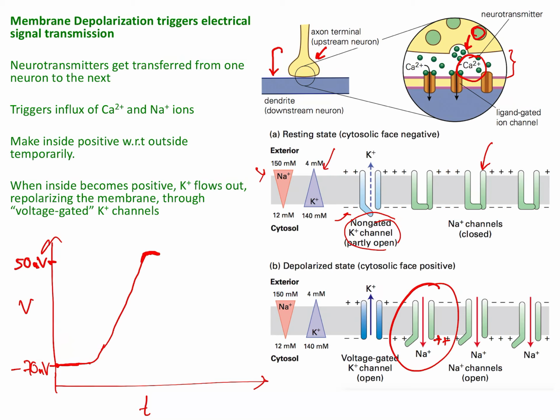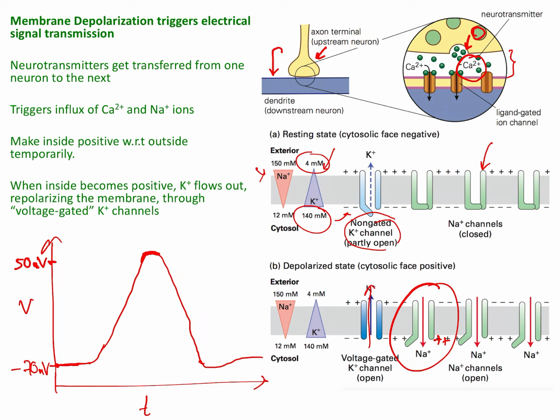At this point, the ligand gated sodium channels start closing, and voltage gated potassium channels start opening. Because the concentration of potassium is high inside and low on the outside, potassium ions start moving outside the cell. This results in a total loss of positive charges in the cell, and then the voltage starts to drop.